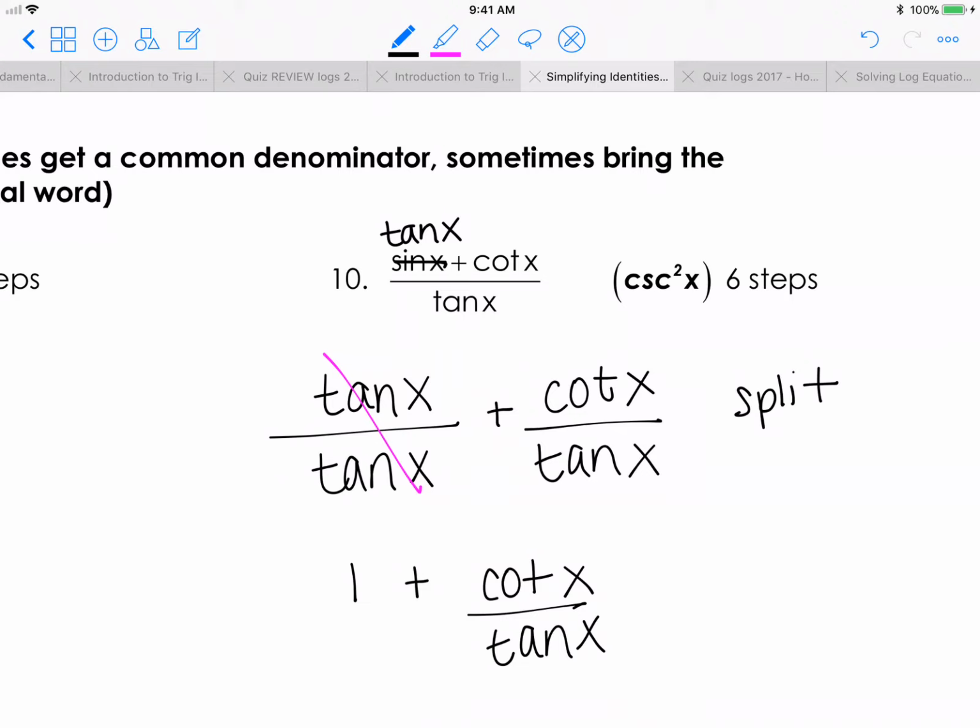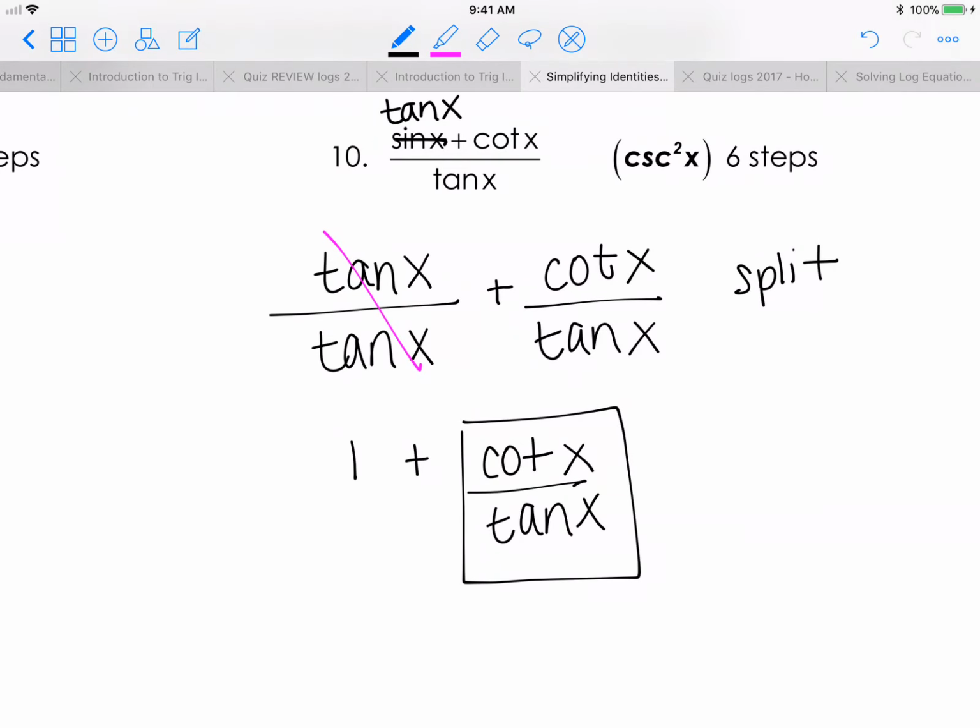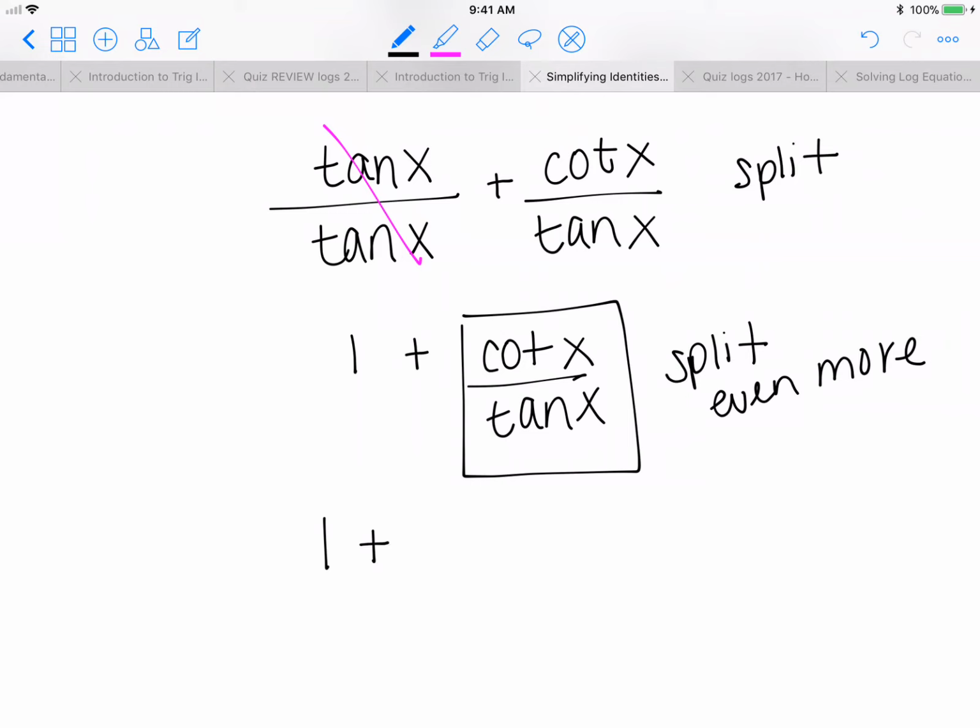So now we're still not down to cosecant of x. So we're going to have to think about maybe rewriting this cotangent of x. And we haven't rewritten this in this way before. But think, how can we split this up even more? Well, could we write it like this? Cotangent of x times 1 over tangent of x. So we're splitting them up, kind of undoing this multiplication.